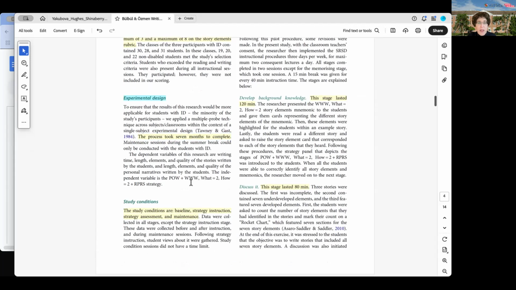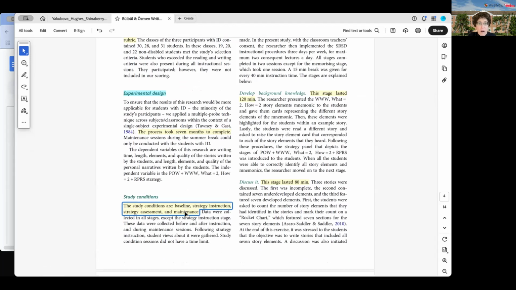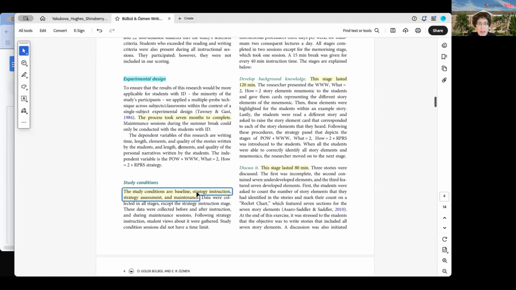And they have the different conditions: baseline, strategy instruction, strategy assessment, and maintenance. Let me explain what that means here. That means they are going to be graphing when the students were learning and graphing after the students finished learning, which is a recommended practice nowadays instead of a long time ago.